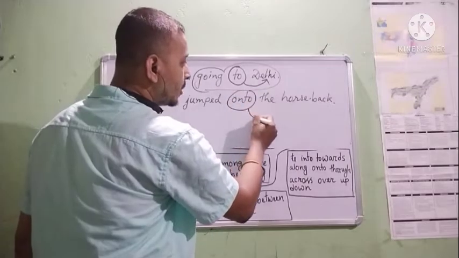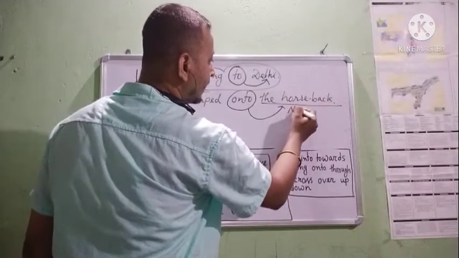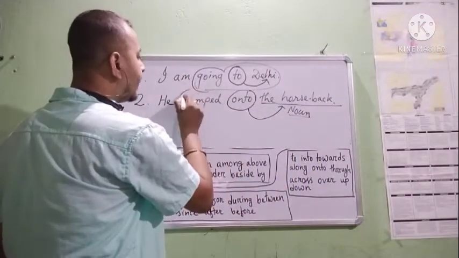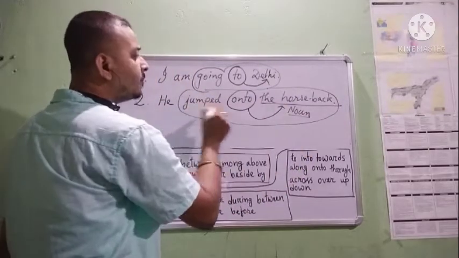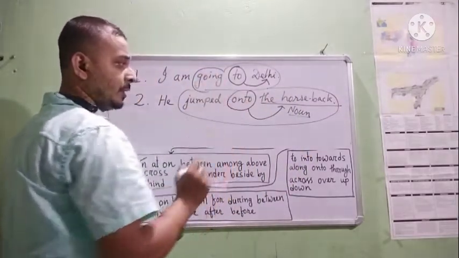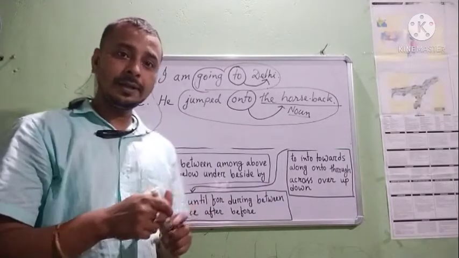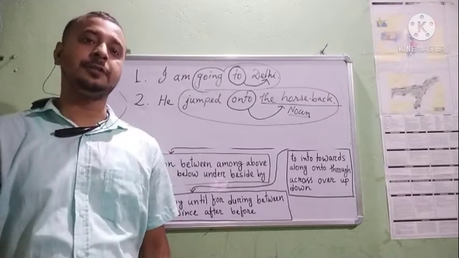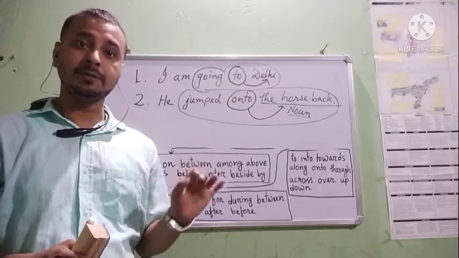And why preposition? Because the horseback is a noun. So it comes before a noun. And between jumped and horseback, this onto is maintaining a relationship. So students, you have learned basically a preposition maintains relationship between the other words in the sentence.